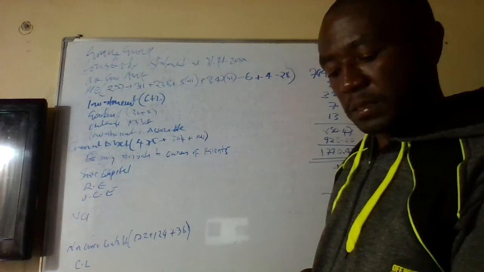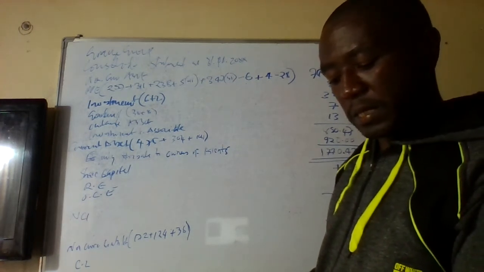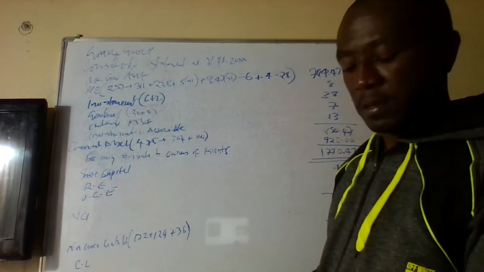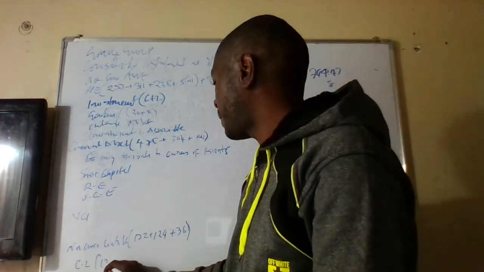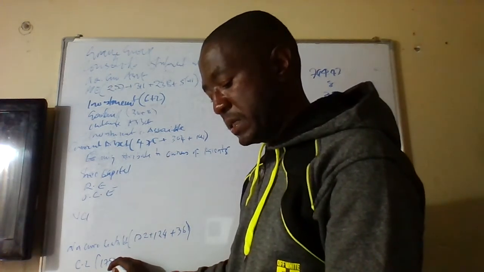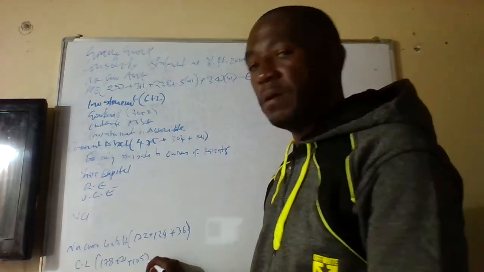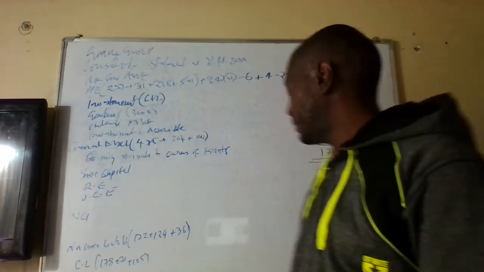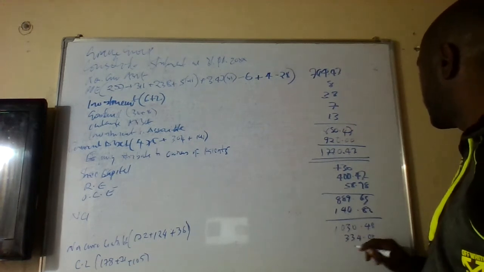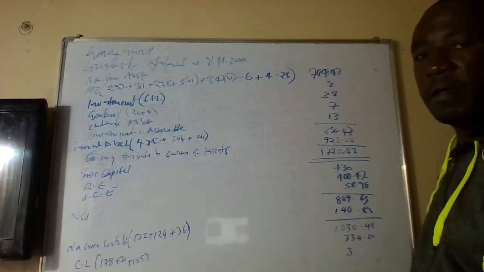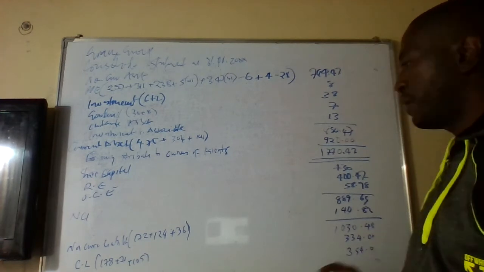Current liabilities is 178 plus 71 plus 105. The total should give you 354.